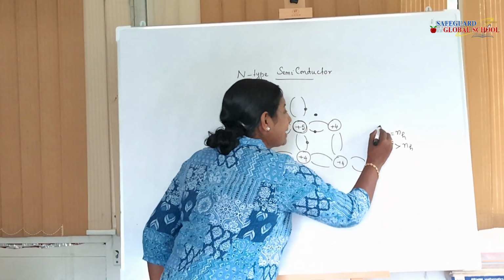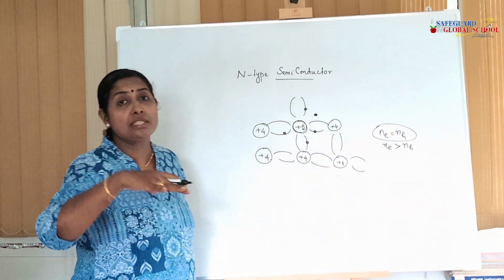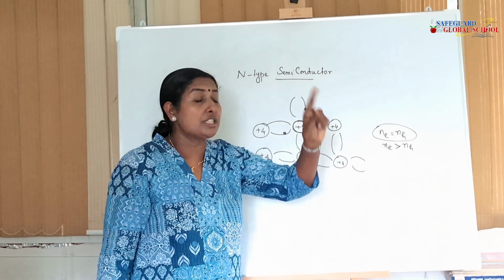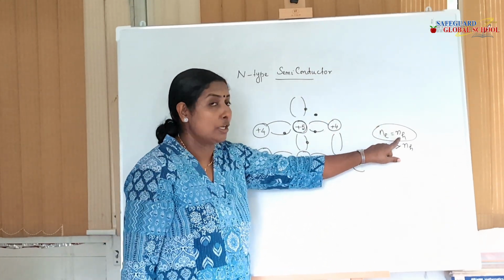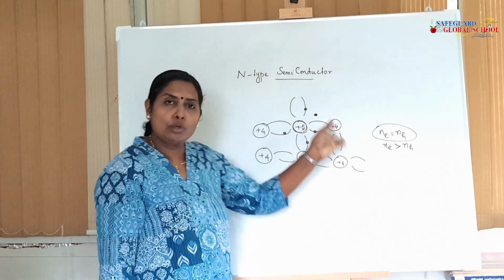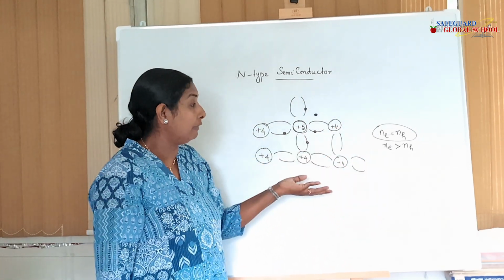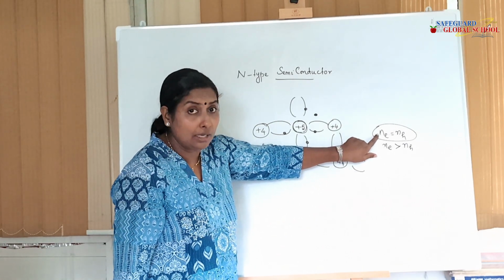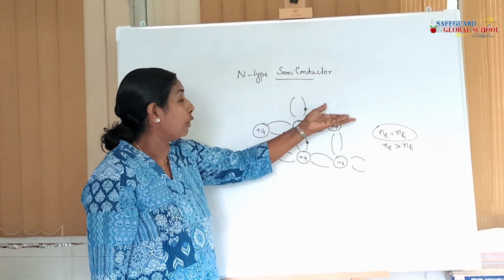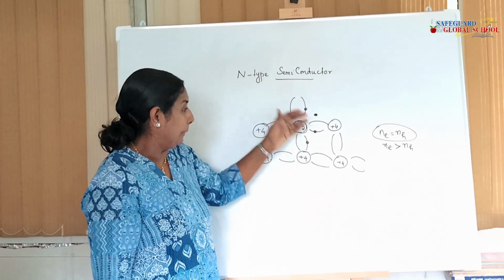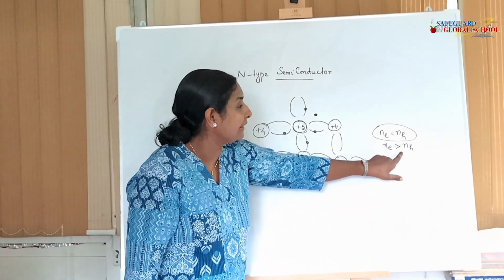This equation was satisfied by temperature generated carriers, called thermally generated carriers, Ne is equal to NH. Before doping, the electrons and holes were there since the temperature was greater than 0 Kelvin. But this was disturbed by the additional electrons given by the pentavalent impurity. So it will become Ne greater than NH.